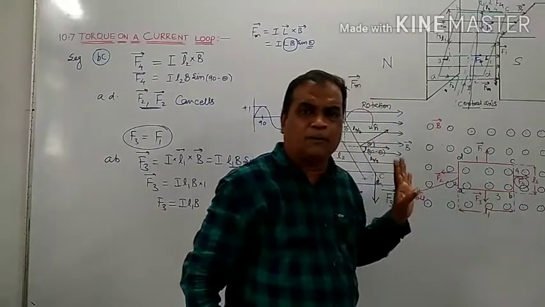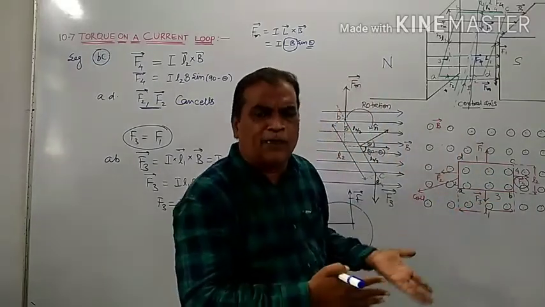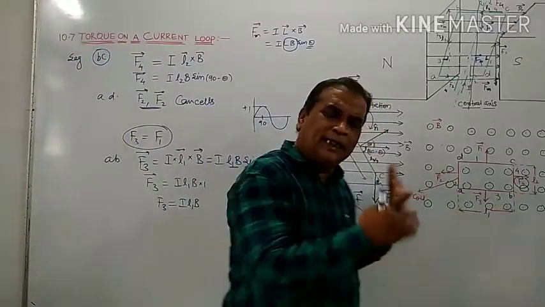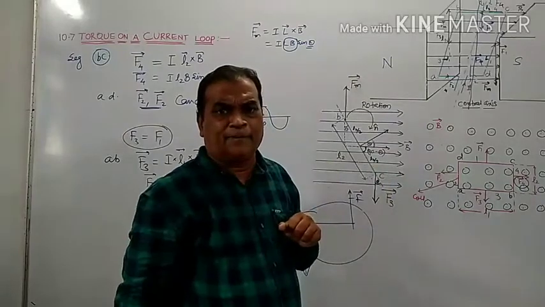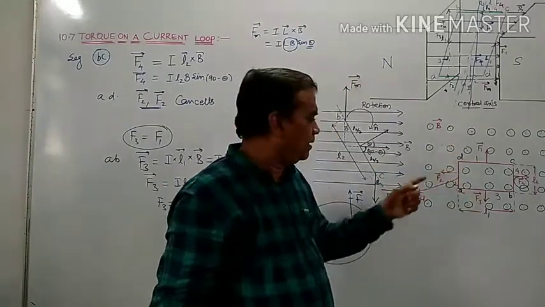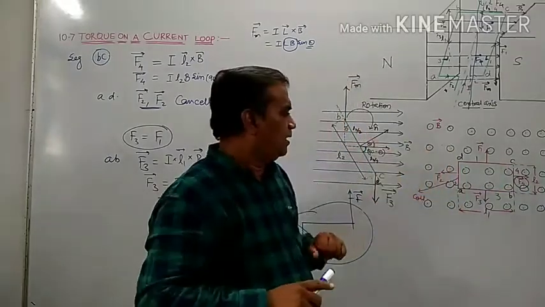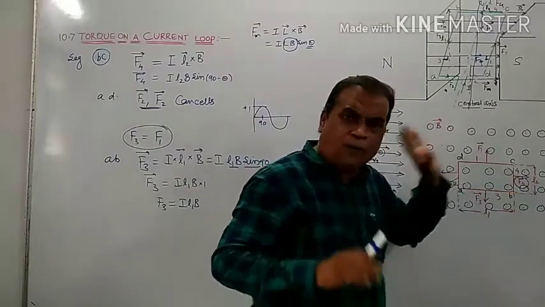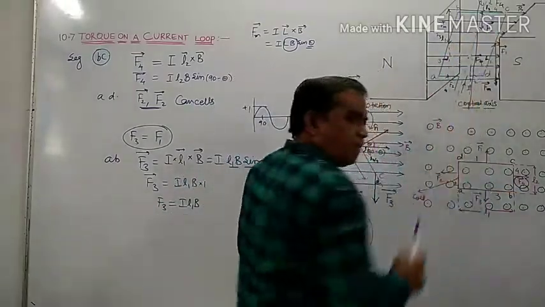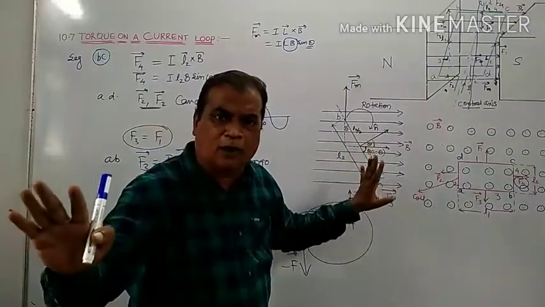Out of the four forces on the loop ABCD, in all four forces are acting: F1, F2, F3, F4. F1 and F3 are equal in magnitude, opposite in direction. F2 and F4 are equal in magnitude, opposite in direction. Means F1 cancels the effect of F3, F2 cancels the effect of what? F4. But remember, as far as F2 and F4 are concerned, the forces acting on segments BC and AD, because they are collinear, they are not forming a torque.